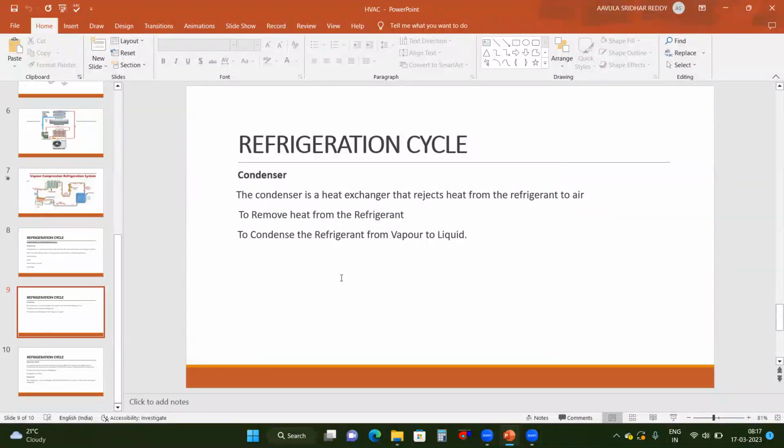We have seen that in the outdoor unit we have one fan and a coil circuit. It will reject the heat from the refrigerant to the air, to condense the refrigerant from vapor to liquid. After the condensation process, the refrigerant is converted from vapor to liquid.